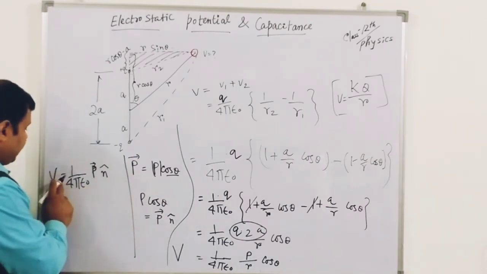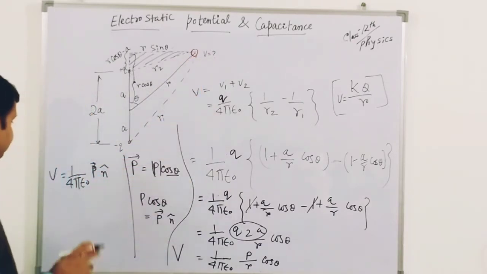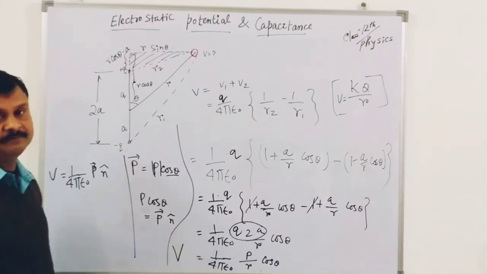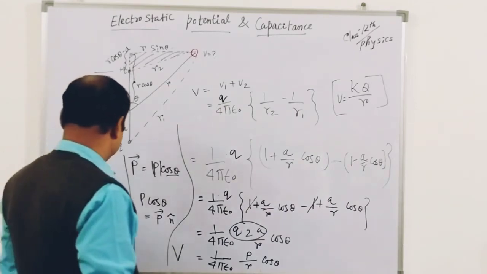So this is the electrostatic potential created at any point due to this dipole moment.